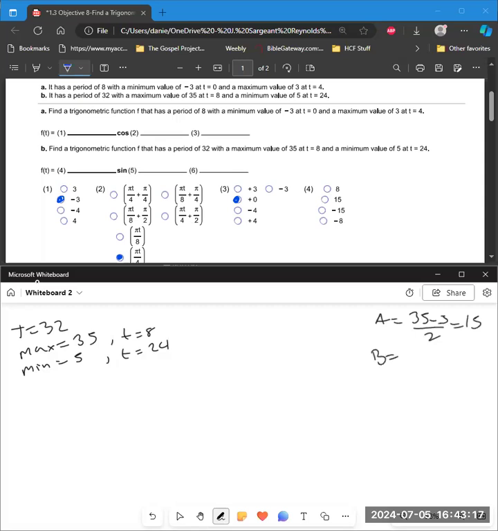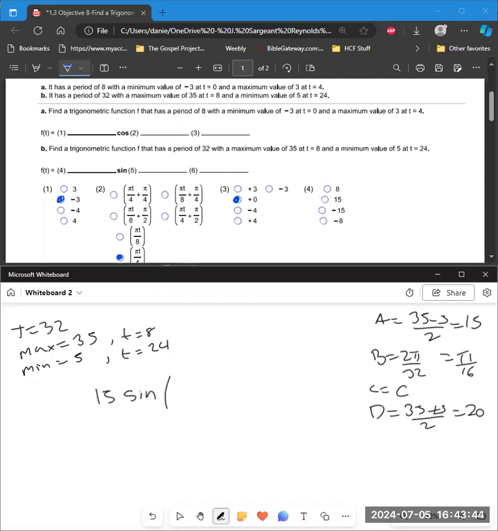B is going to be 2 pi over 32, which is pi over 16. We'll figure out C later. D is max plus min over 2, which is 20. And they tell us to use a sine function this time.